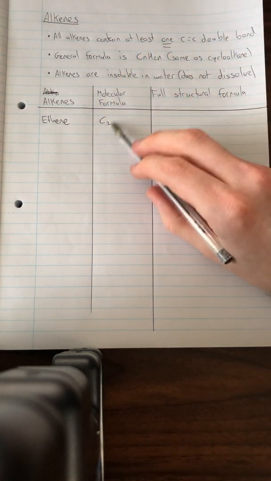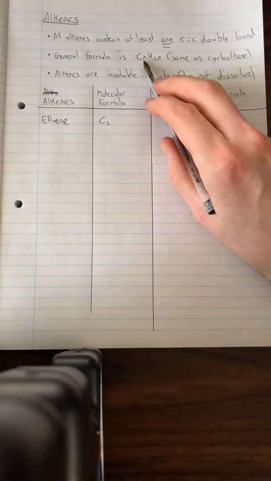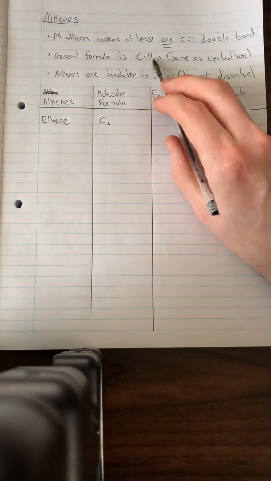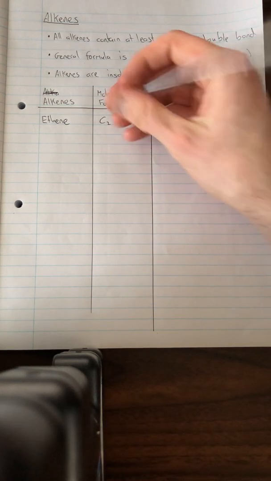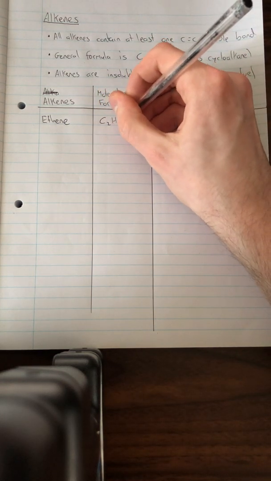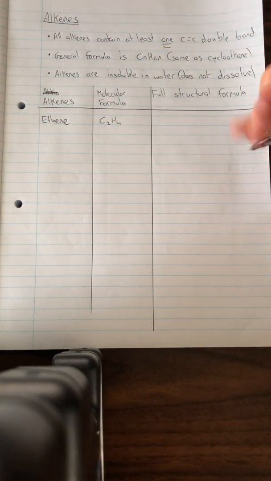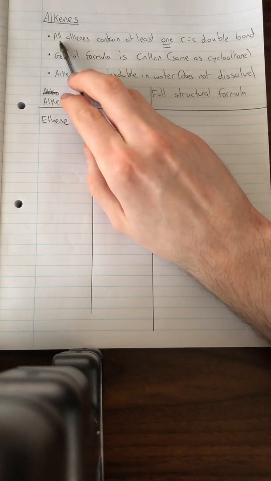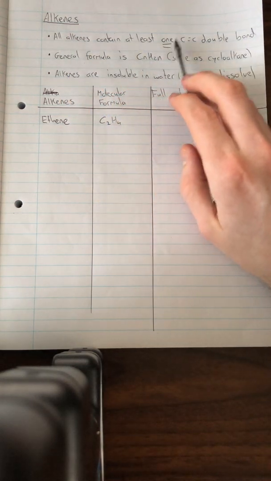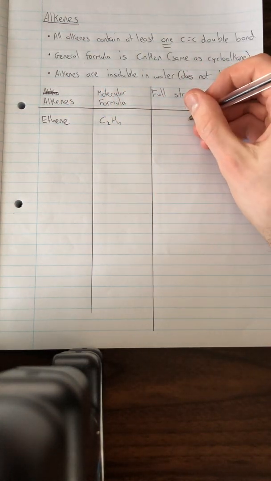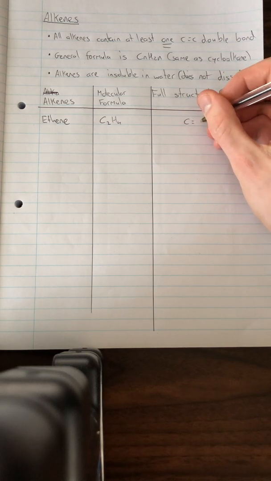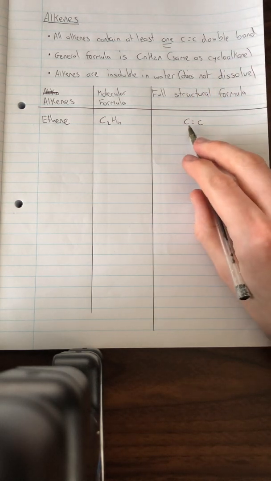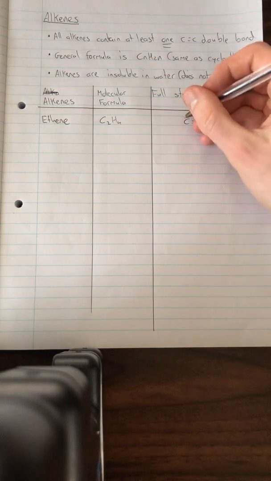Now if we've got 2 carbons, if we sub that into the general formula, C2H2 times 2, that would be C2H4. Okay, now if we draw that out, remember the very first one, all alkenes contain at least 1 carbon-to-carbon double bond. So we need to draw that carbon-to-carbon double bond. So that's our 1, 2 carbons.